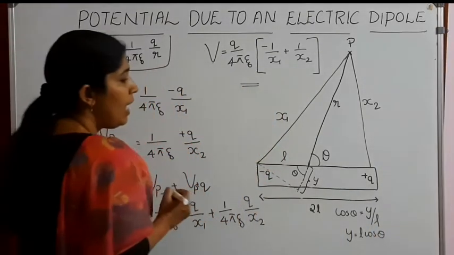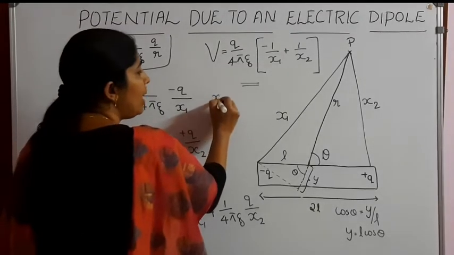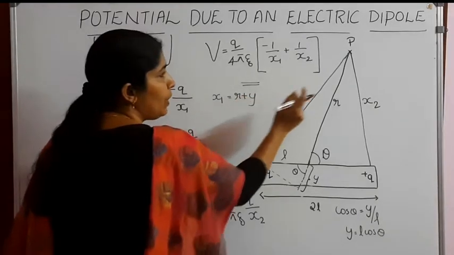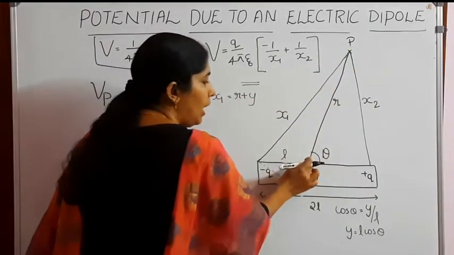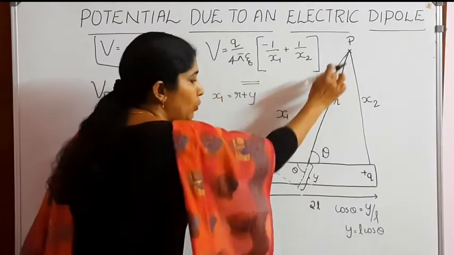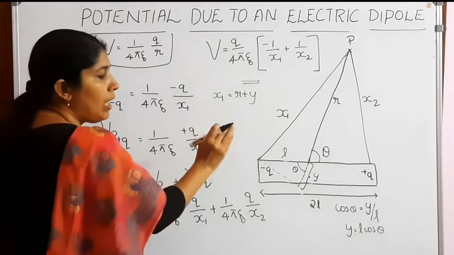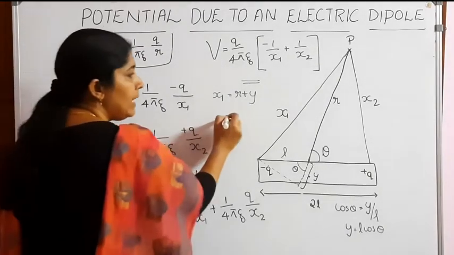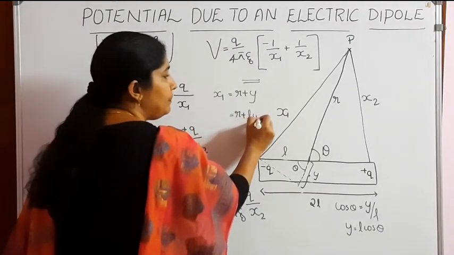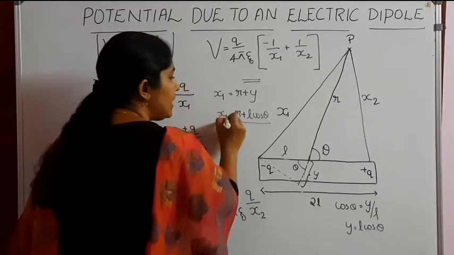Therefore we can write x1 is equal to r plus y. From here to here is distance r and from here to here is y. Therefore the total length x1 is equal to r plus y, that is equal to r plus L cos theta.